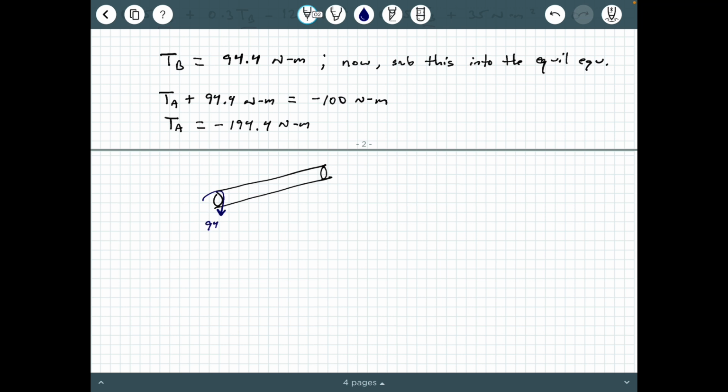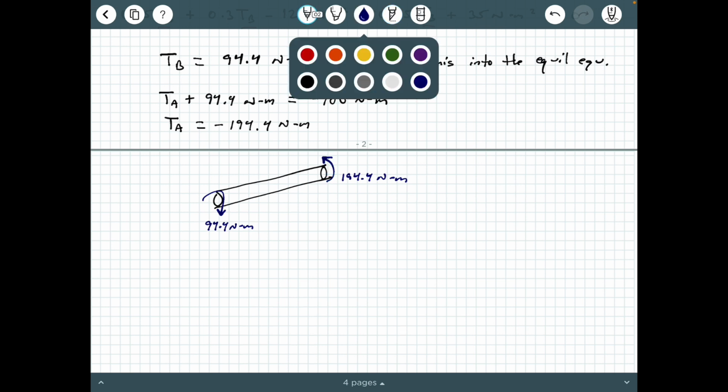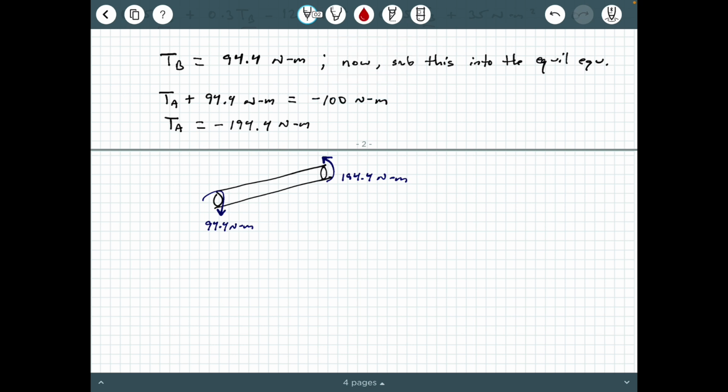That's the 94.4 Newton meters. Now, what about TA? Notice that we had a negative sign pop out for TA. What that means is that TA is pointing in the opposite direction of what we initially assumed in that first free body diagram. So notice that I'm orienting TA opposite of what I had originally drawn at the beginning of this problem, okay?